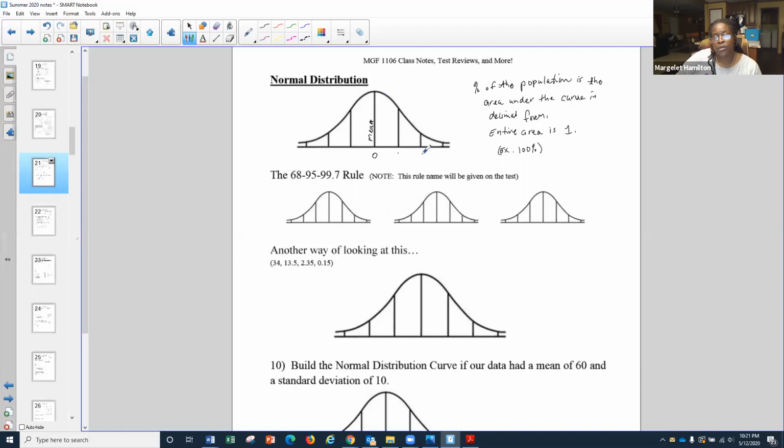So we have 1, 2, 3. And these lines represent below the mean. So you have negative numbers, -1, -2, and -3. These values right here are called z-scores.